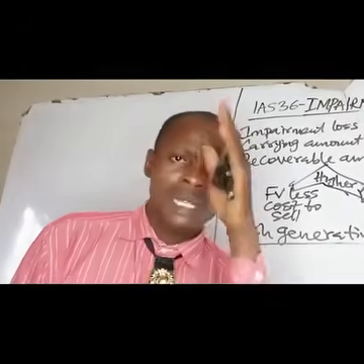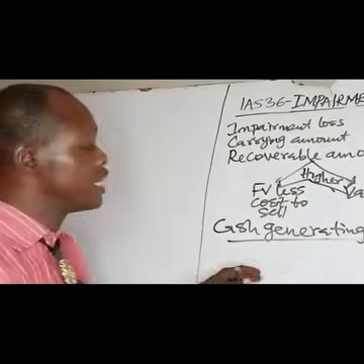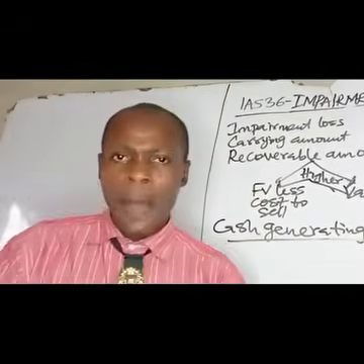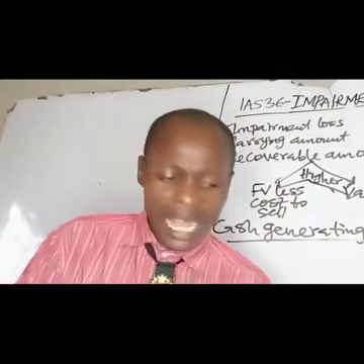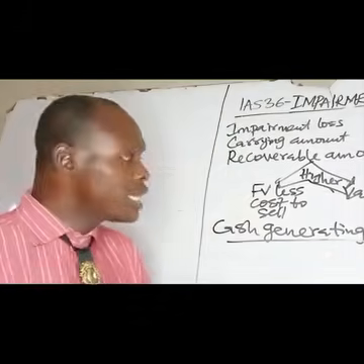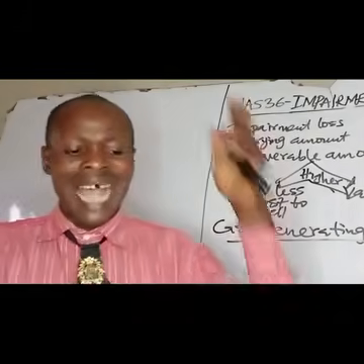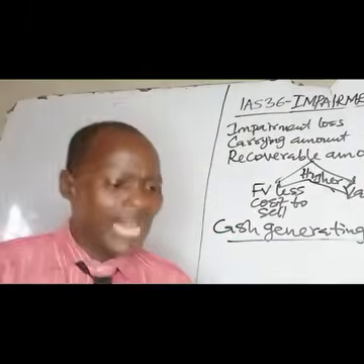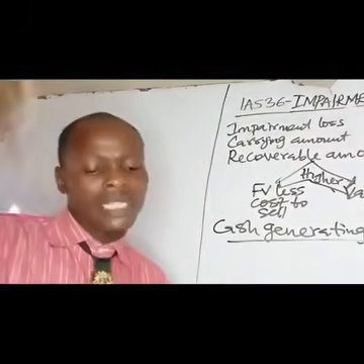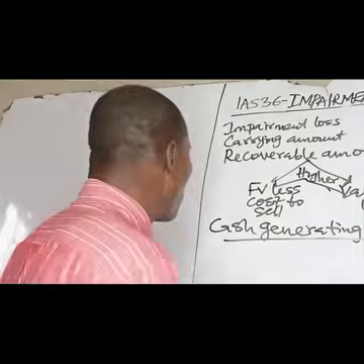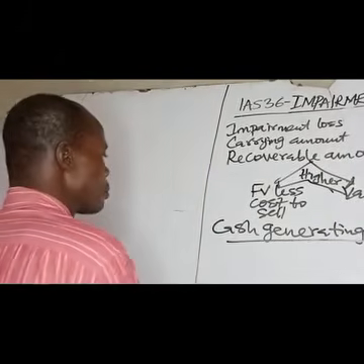I repeat, a cash generating unit is the smallest identifiable group of assets that generates cash flows that are largely independent of those of other assets or group of assets.